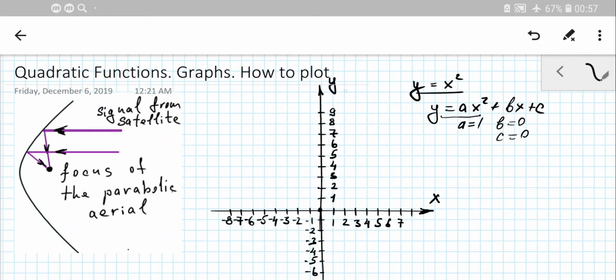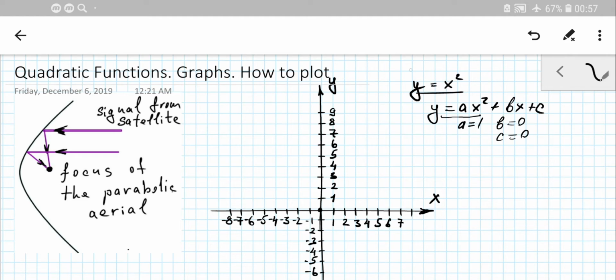But now we are going to go to abstract math and try to plot the graphs. We have y equals x squared, the simplest quadratic function that we are going to explore. How can we do that? Simply, we need to set up a table.